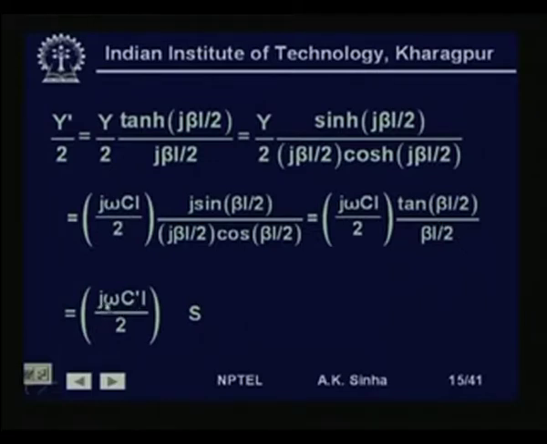This we can write as j omega C dash L by 2, where C dash is now the modified capacitance of the transmission line, or j omega C dash L is the modified admittance of the line, and that C dash is equal to C times tan beta L by 2 divided by beta L by 2.